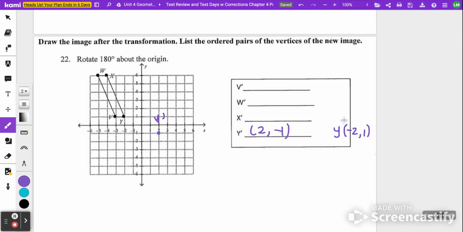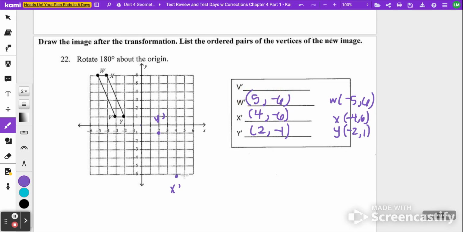So for instance, letter X is up here at -4, 6. So X prime would be +4, -6 down here. Okay. W prime the same way. W is currently at -5, 6, so W prime would be +5, -6.